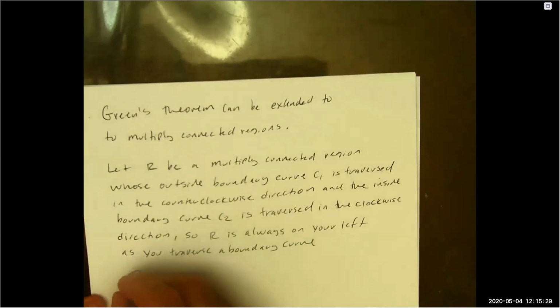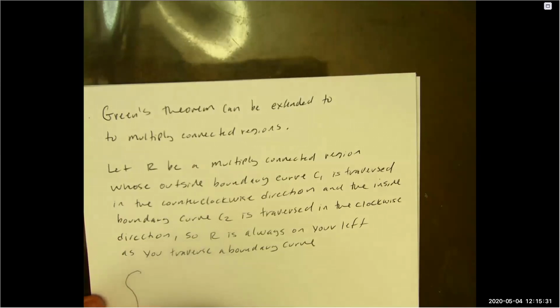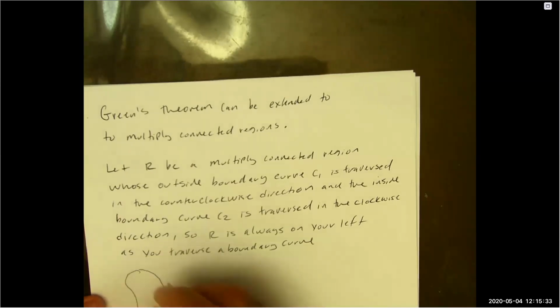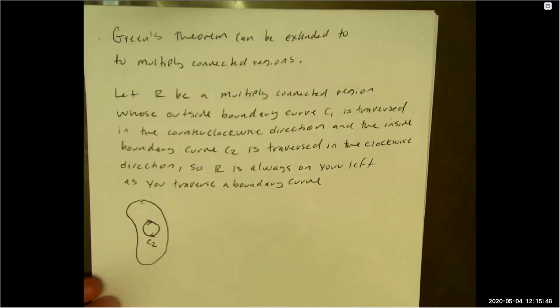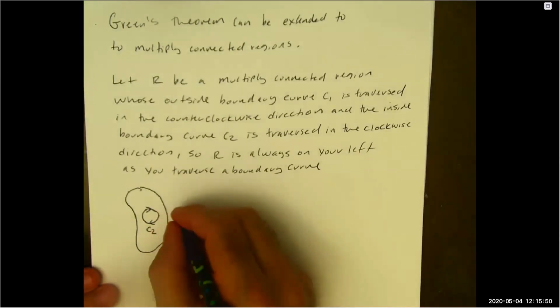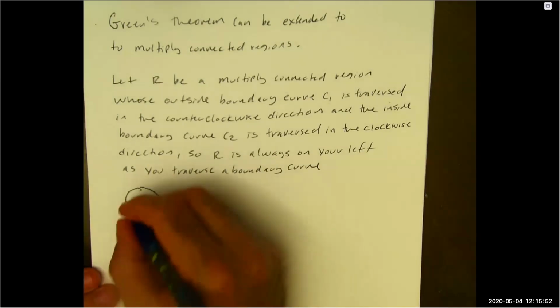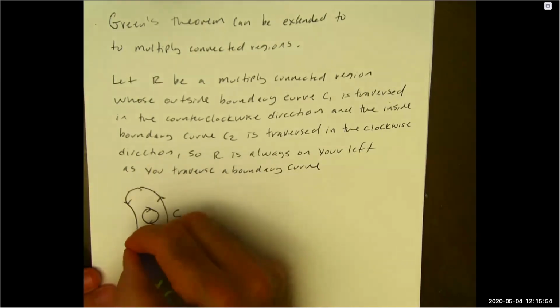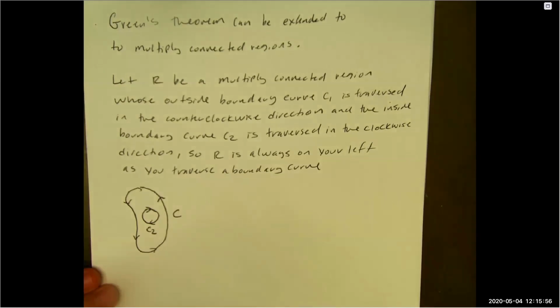And so let me draw a picture of what this could look like. So maybe we have a region like this, and then here you have a hole in it. And then you have your C2 here. So your C2 has clockwise orientation like that. And then your C1 has counterclockwise orientation like that.